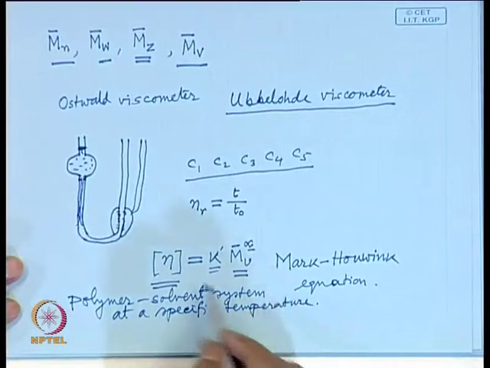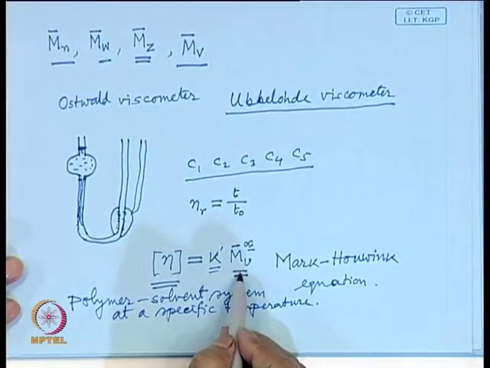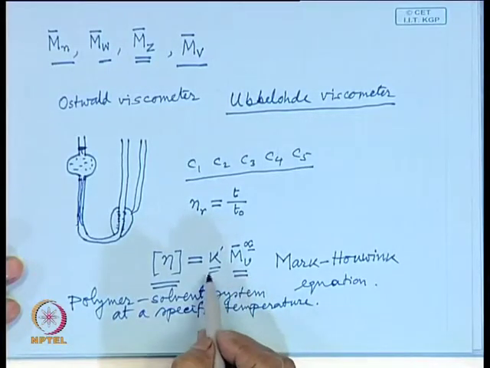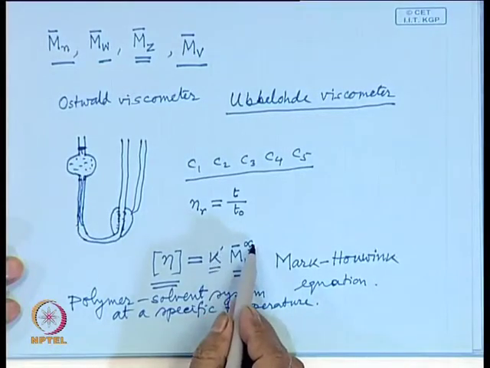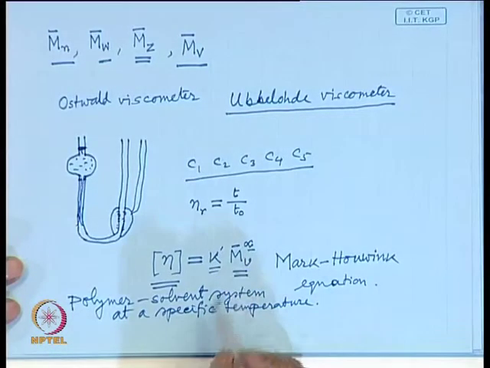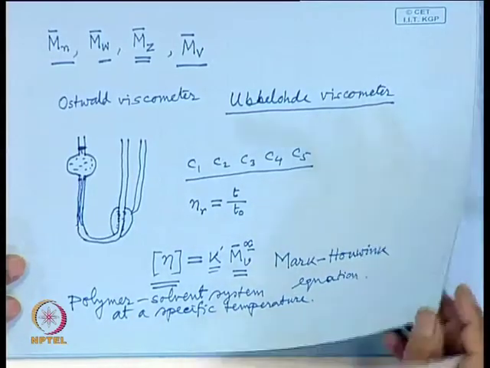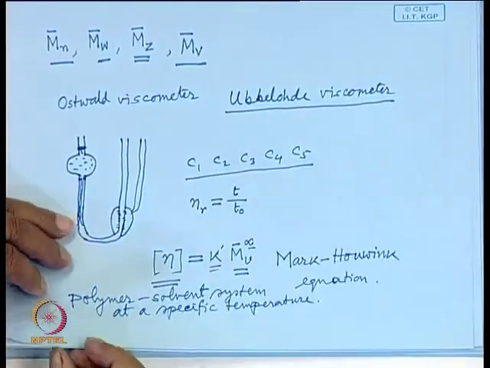Hope you will not forget this relation. Intrinsic viscosity is related to viscosity average molecular weight, and two constant parameters there, k prime and alpha, or k and alpha. These parameters are known as polymer solvent interaction parameters.